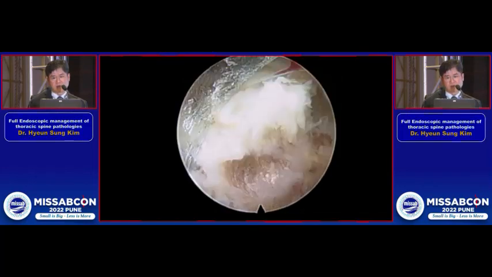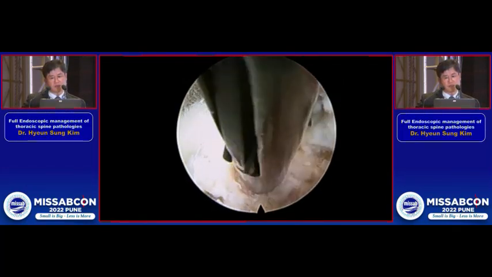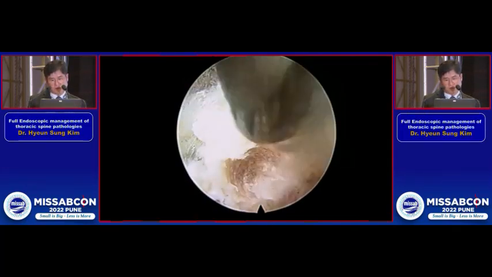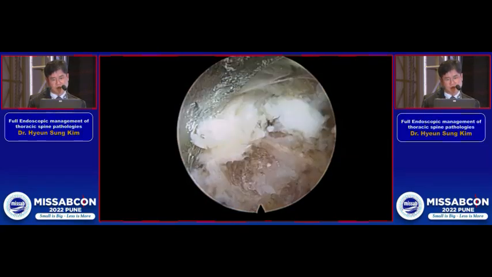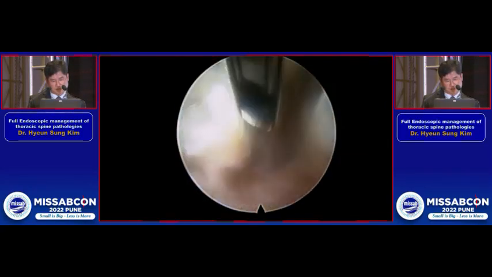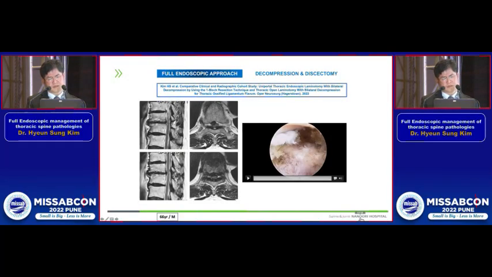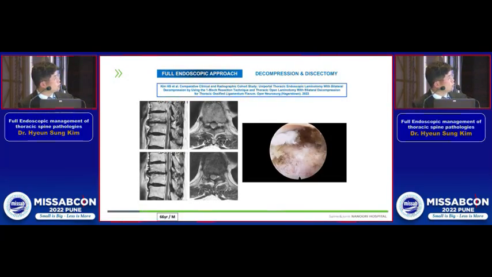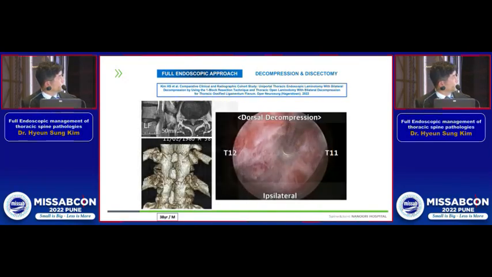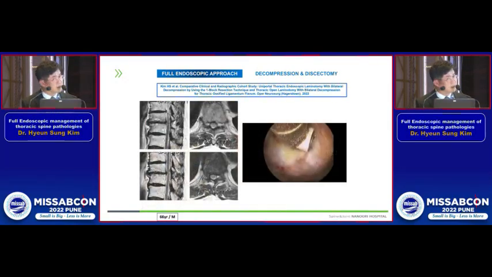There you can see here the ruptured disc material. And after removal of this pathology, the patient post-operatively and at 1-year follow-up in this image, the patient's motor function recovered completely.